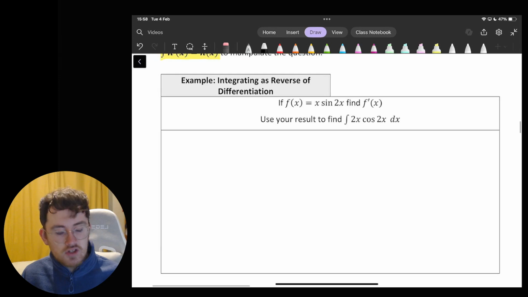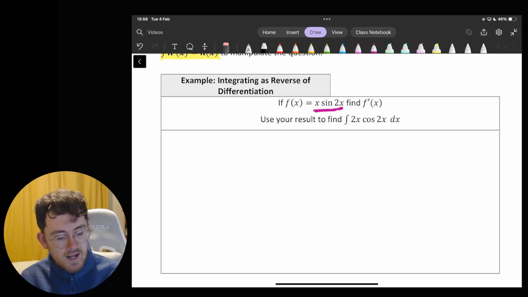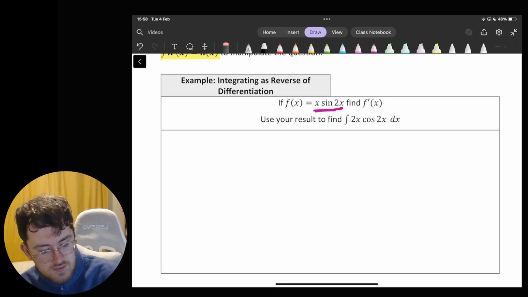If I'm given this function, we can see straight away it is a product of two functions, because x appears in two distinct functions. x itself is a function and then sine 2x, x appears there also. So it is a product. We're asked to find the derivative, so it's a product rule.